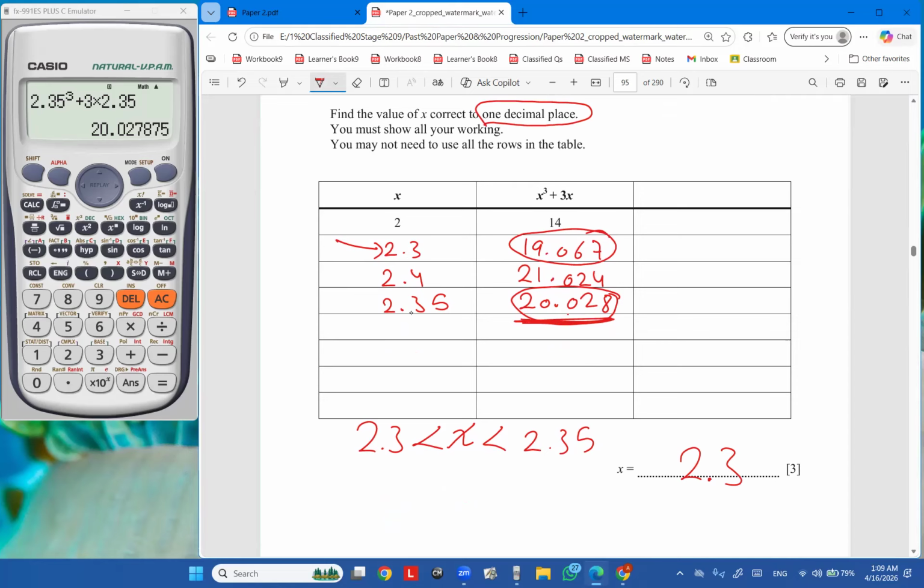Any value between 2.3 and 2.35 will be rounded to 2.3. It could be 2.31, 2.32, 2.34, whatever. Any number between this and that, rounded to one decimal place, is going to be 2.3.